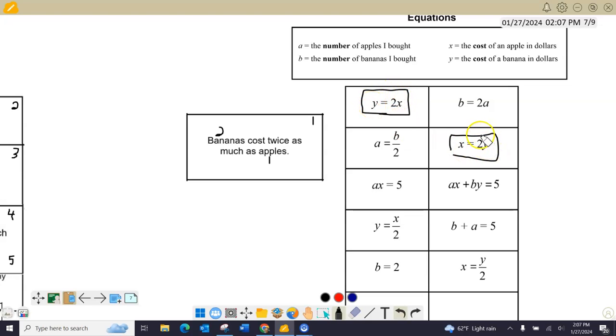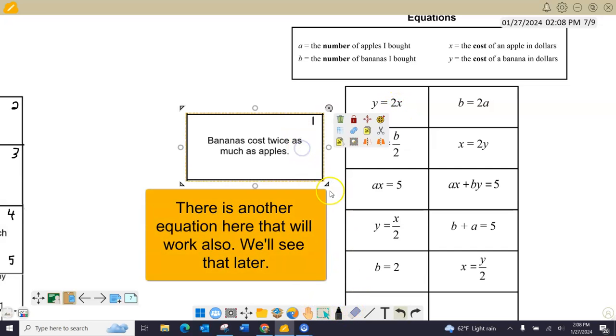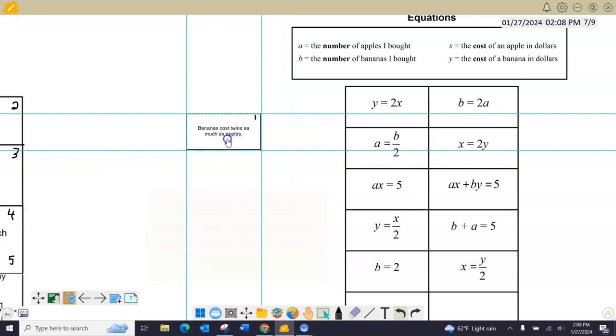This one says I multiply the cost of bananas by 2 to get the cost of an apple. So the cost of bananas is double or twice the cost of apples. That's the one right there. So we're going to put this next door.